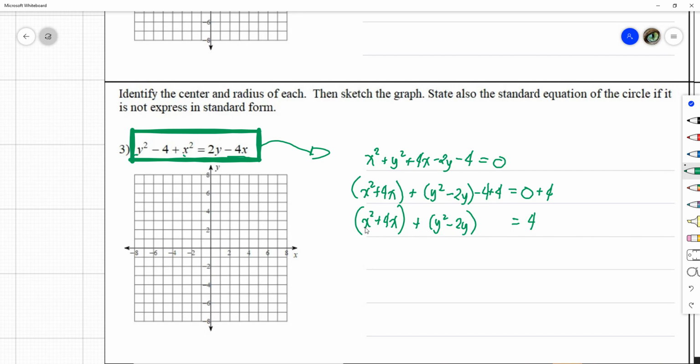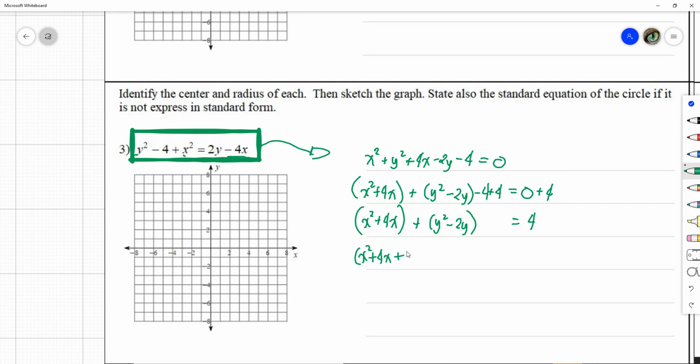Now these groups, we are going to make into perfect square trinomials by completing the square. Remember, that was discussed to you when you were in grade 9. So you have x squared plus 4x. Half of 4 is 2, and 2 times 2 is 4.